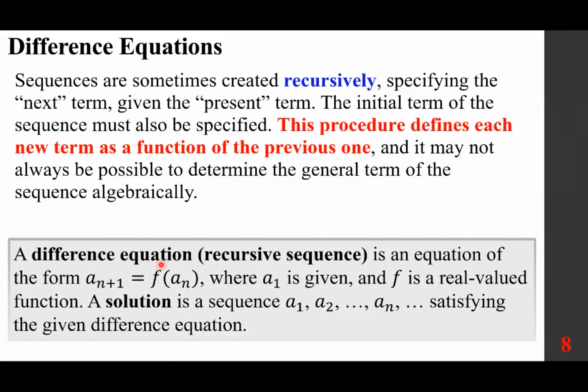A difference equation, also known as a recursive sequence, is an equation of the form a sub n plus 1 equals f of a sub n, where a sub 1 is given and f is a real valued function. A solution is a sequence a sub 1, a sub 2, all the way to a sub n, satisfying the given difference equation. So that's the proper definition for the difference equation or a recursive sequence.